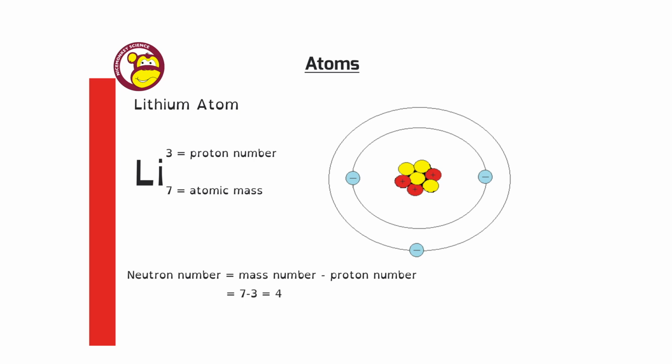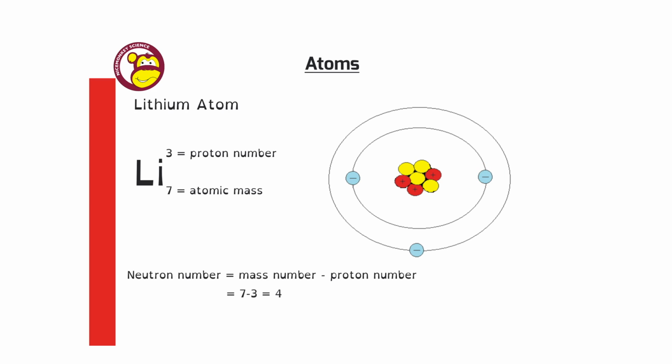Rather helpfully, the proton number is the number of protons. As you can see over here in this diagram of the lithium atom, we've got 1, 2, 3 protons. Now, because the protons are positive, we also have an equal number of negatively charged electrons.